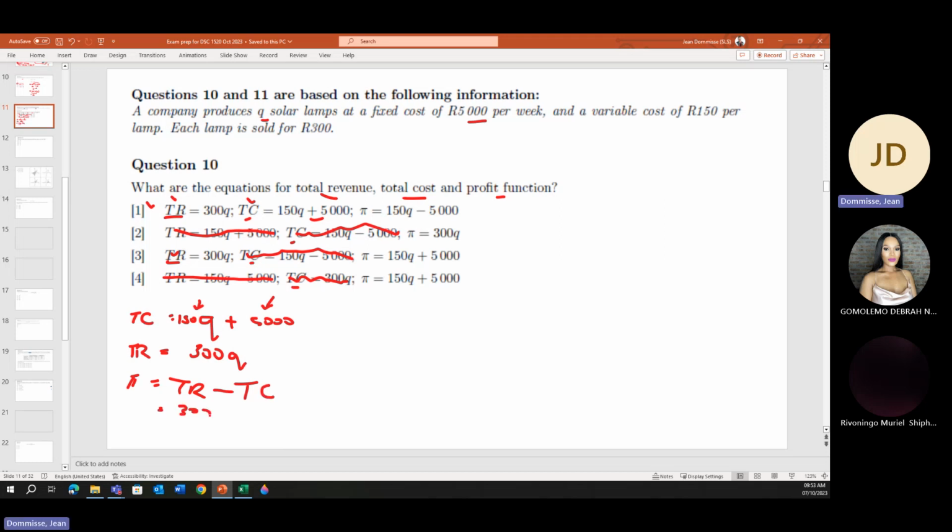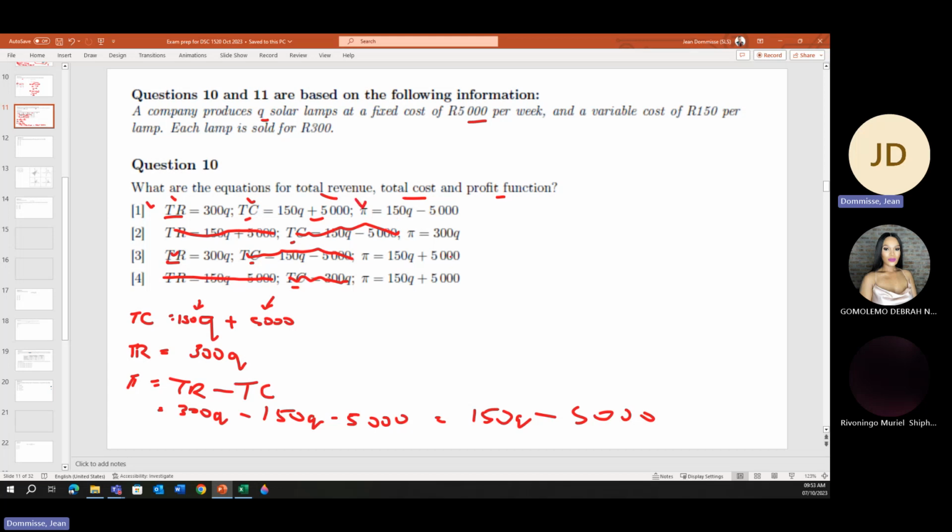So we've got 300Q minus 150Q minus 5,000, which then is 150Q minus 5,000.